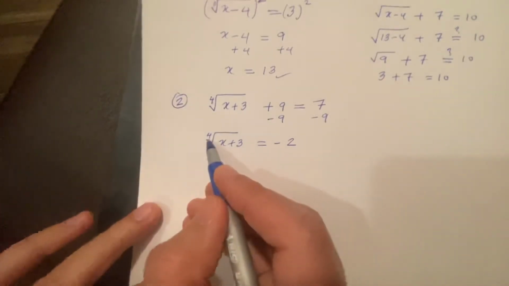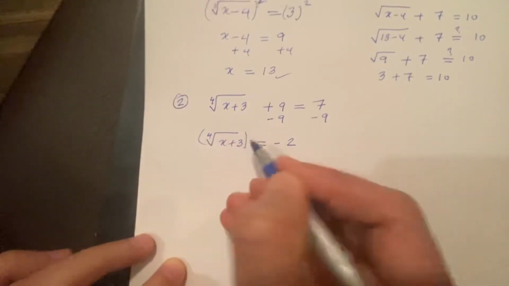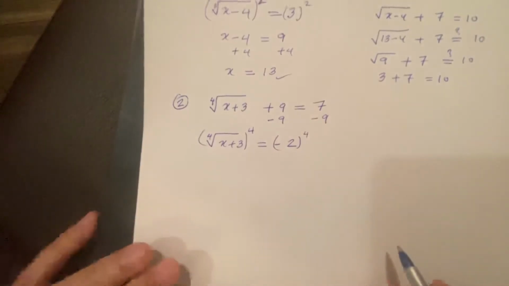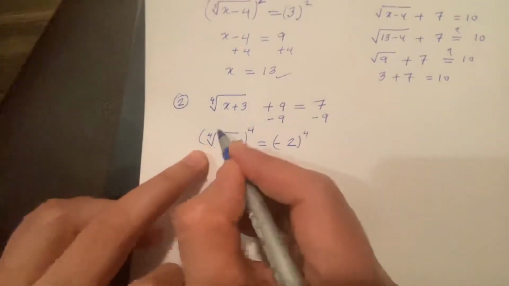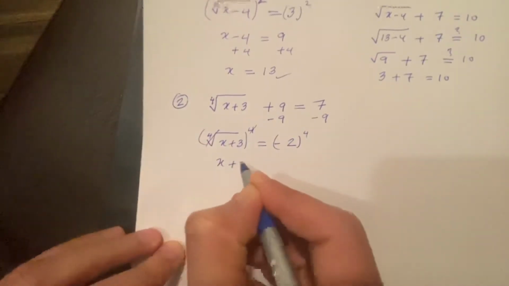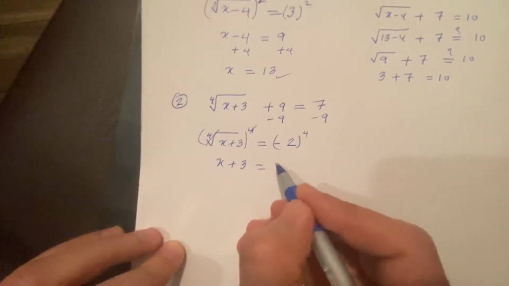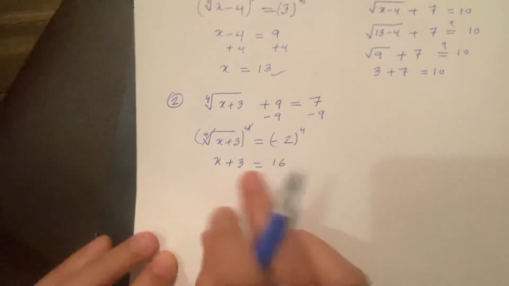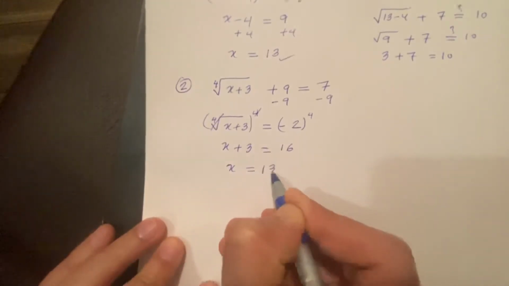Since we have the index 4 here, to get rid of this root we have to take the power 4 on both sides. This way this and this are gone, so on the left hand side we just have x plus 3 is equal to negative 2 to the power 4, which is positive 16, right? So now move this to the other side, so x is 13.